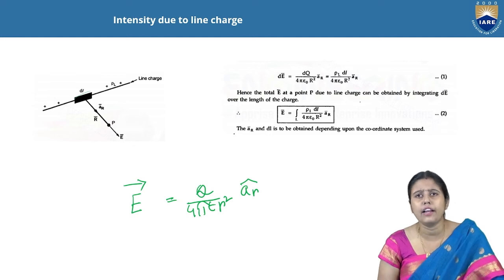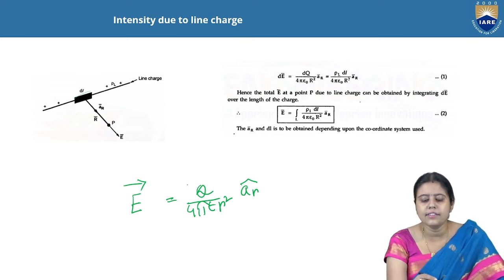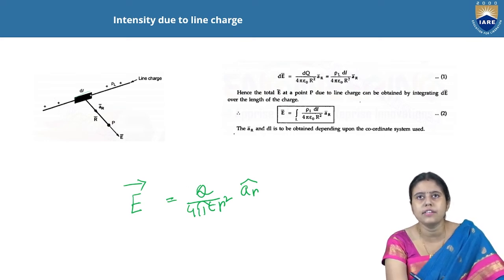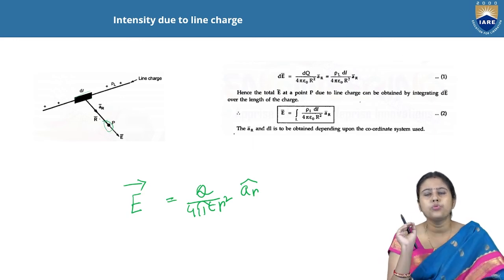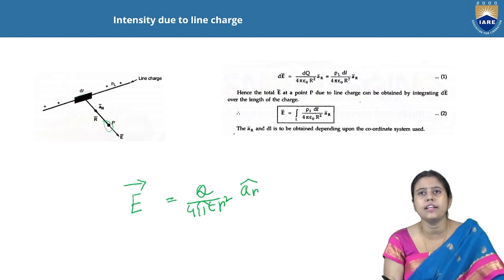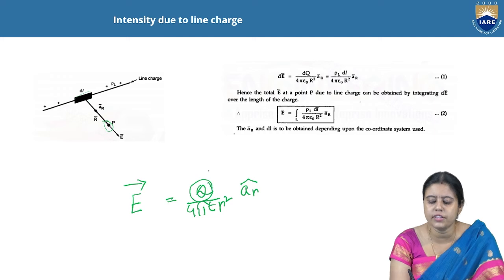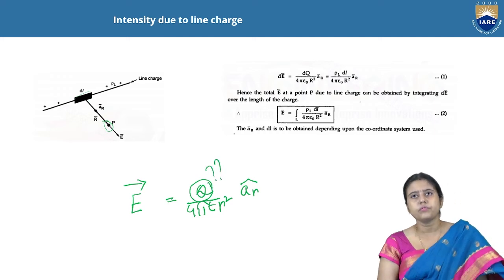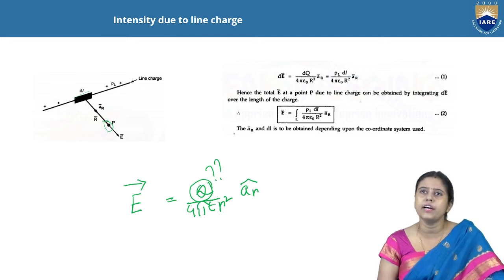If we want to calculate the intensity due to the line, what will happen? R is the distance of the point at which we want to calculate the intensity, and this is constant. Our only unknown thing is the Q, because as this is an overhead line, we don't know the actual value of Q.